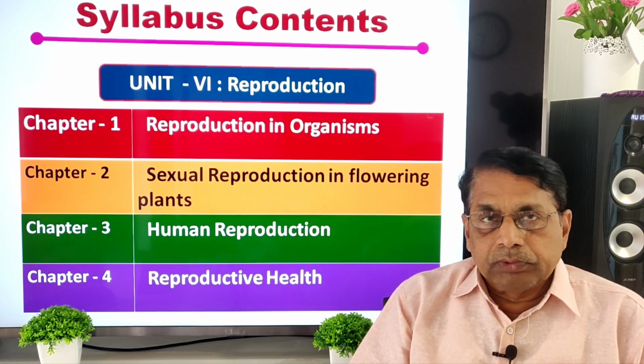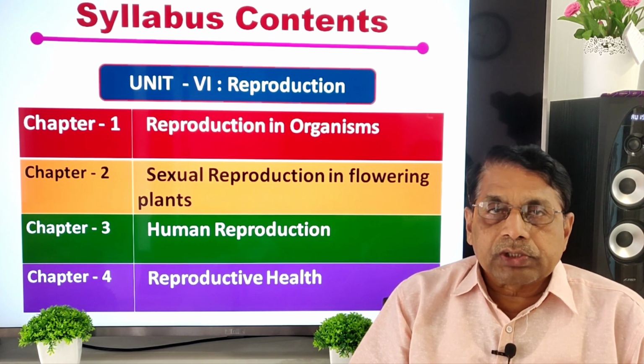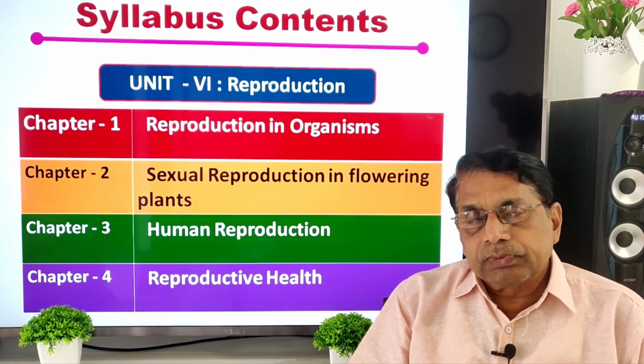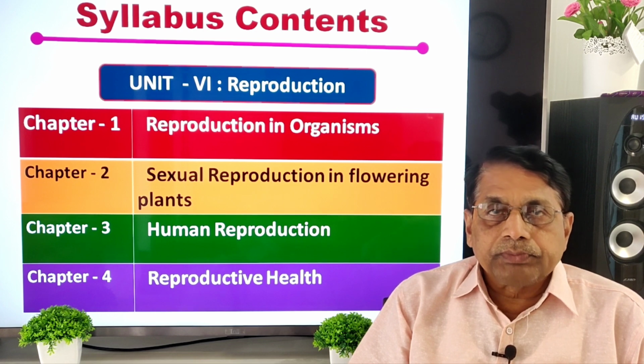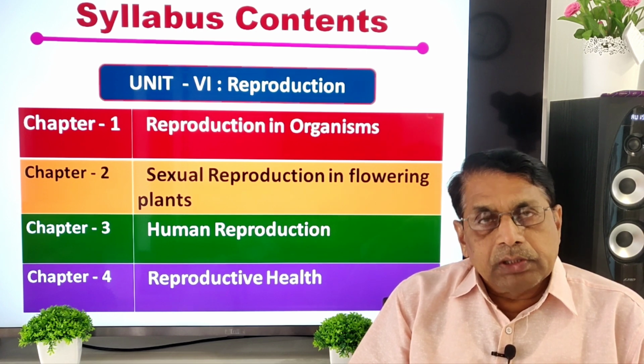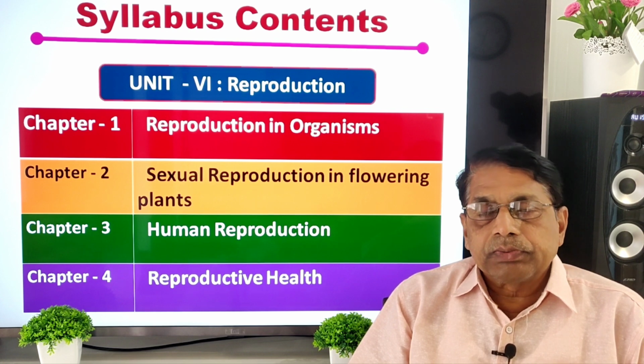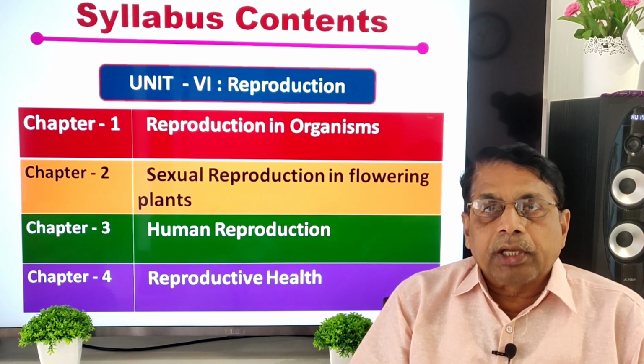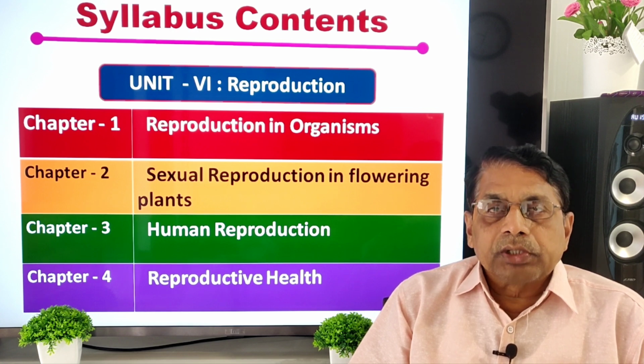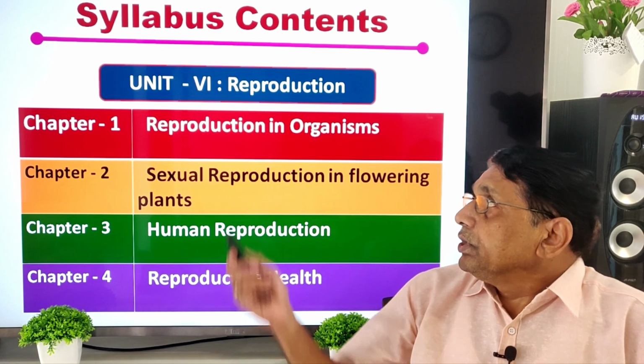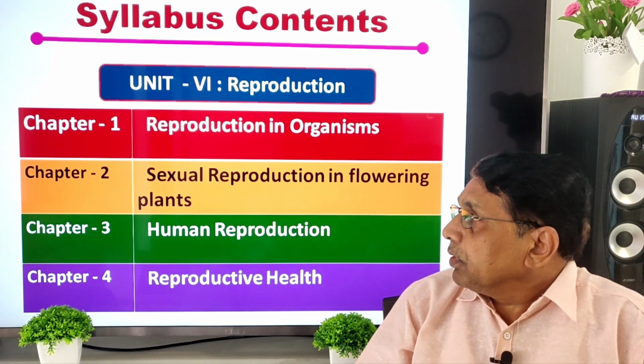So here different modes of asexual reproduction are described. Then in sexual reproduction, what are the stages? How the gametes are produced in animals and in plants, then how the male and female gametes come together and unite, what is the process of fertilization, and how the diploid zygote undergoes divisions, that is, how the embryo develops. These aspects are described in chapter 1.